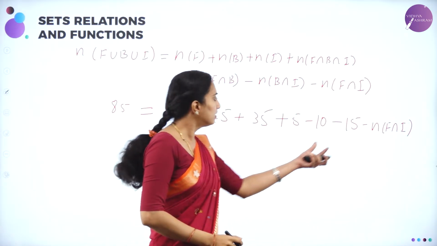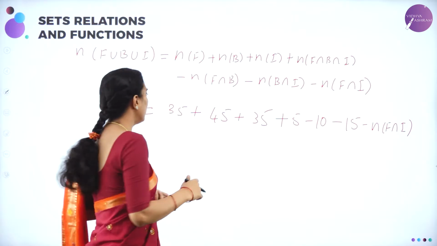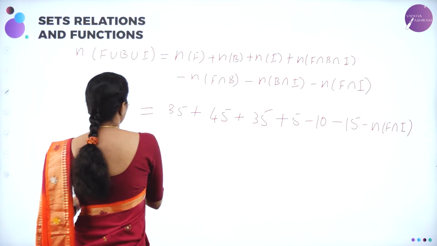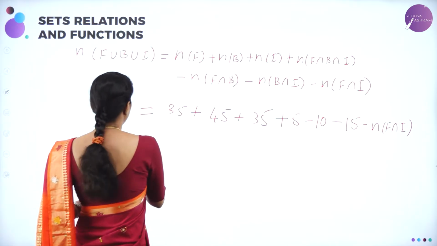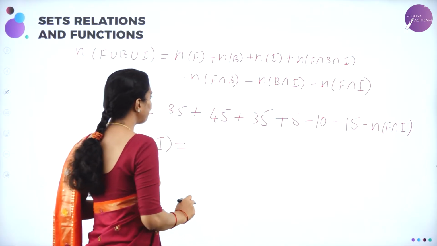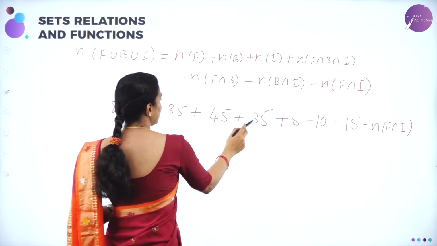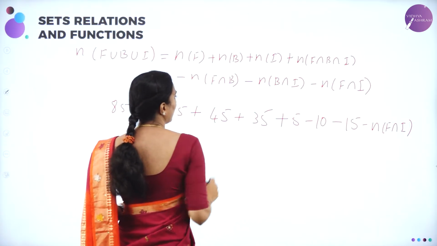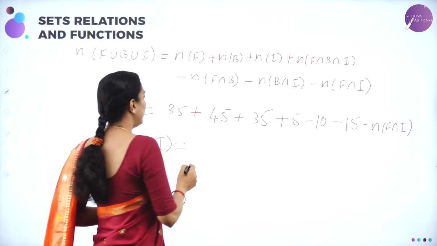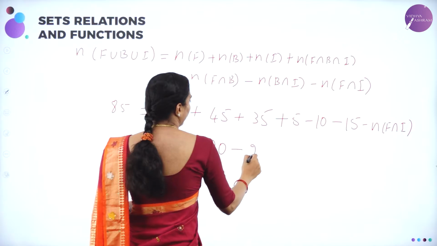Now taking this term to that side and 85 to that side, that's it. What you are going to get? The answer will be N of F intersection I is equal to, see, 35 plus 35 is 70, and then 5 you are going to have. 70 plus 50 is 120, minus 25.